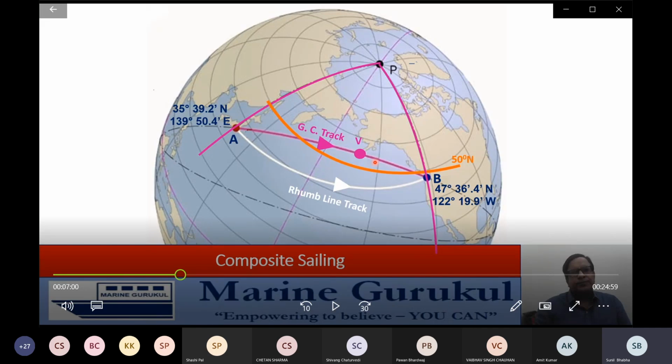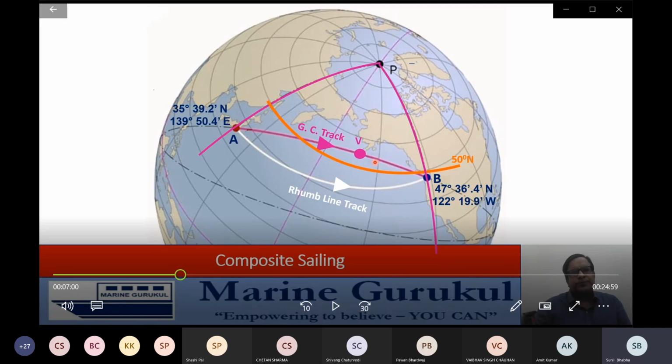What is the ice limit beyond which icebergs are expected. It will also tell us what are the areas, what are the latitudes where restricted visibility, fog, rough weather, heavy swell, gale force winds, all these difficulties are expected. So we can avoid those latitudes. So weather reports will give you the up-to-date scenario of the weather in that area.